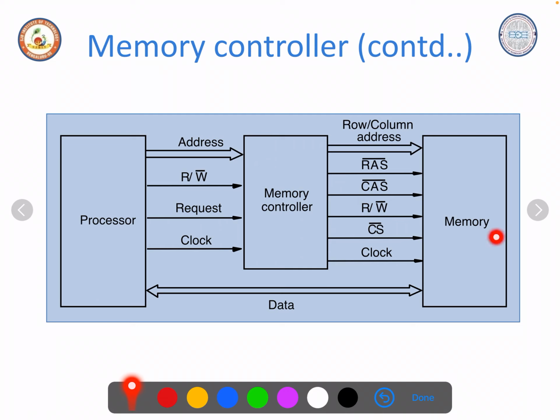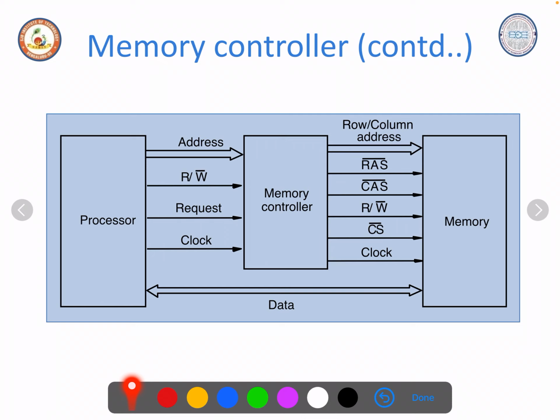To access the memory, which is arranged as an array, we have a lower order address and a higher order address, that is, the row and column address which has to be selected. In order to control that operation, we have a separate controller unit called the memory controller unit.